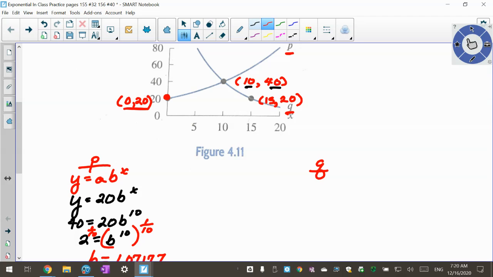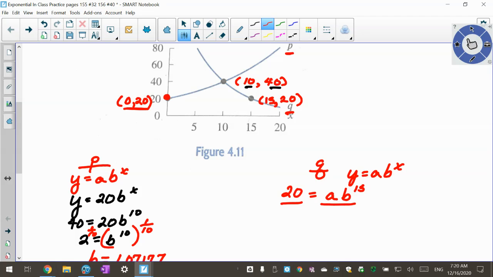When I set this one up, I usually put the larger x on top just because I won't have negative exponents, but it really doesn't matter. So I'm going to put in the y spot 20 using the same formula, y equals a b to the x. So in the y spot, I put 20 equals a b to the 15.